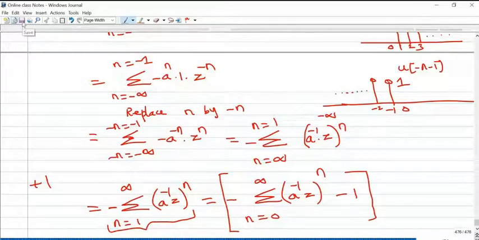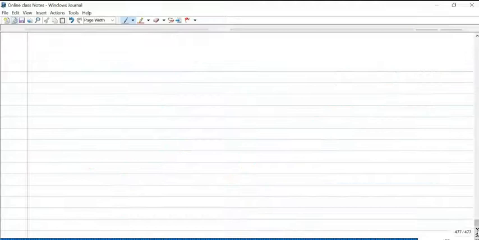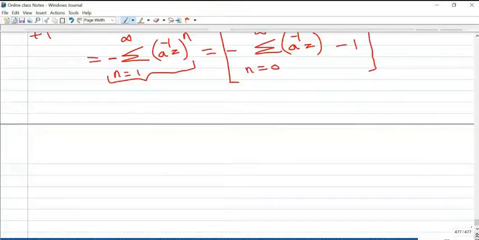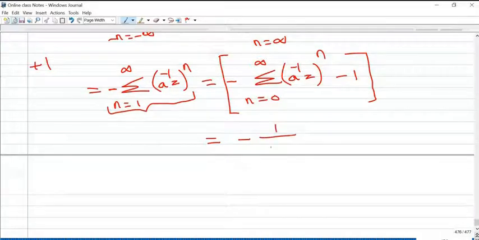So now we got 0 to infinite a power n. Apply the formula. 0 to infinite a power n. What is the result? 1 divided by 1 minus a inverse z. Okay.